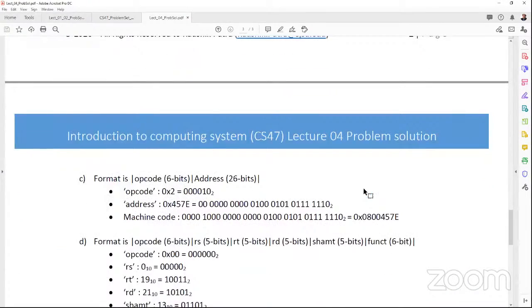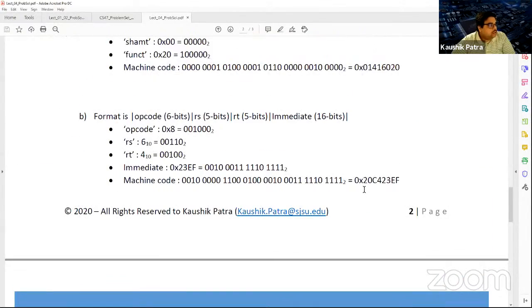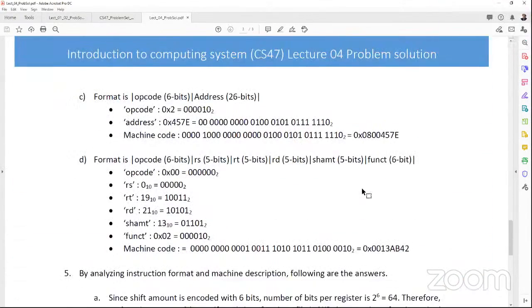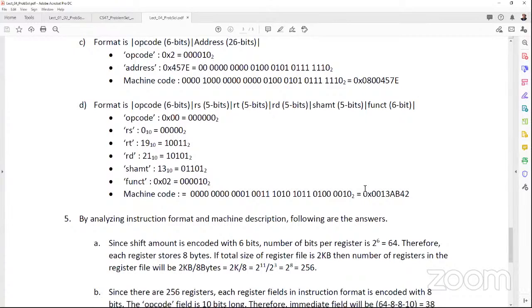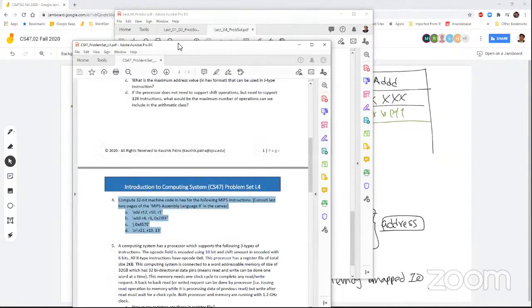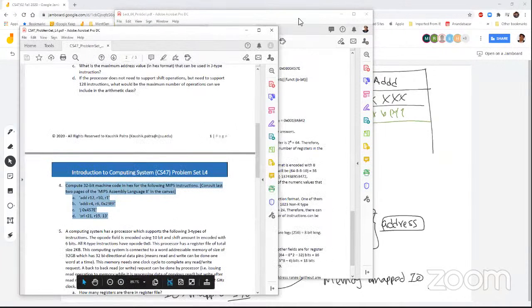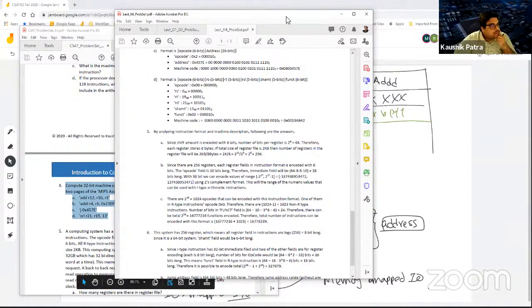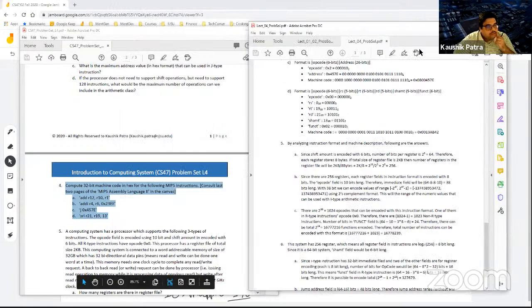D, 4D. For B, D. Okay, let me see. What was that machine code again? Let me just separate them out. SRL, okay.